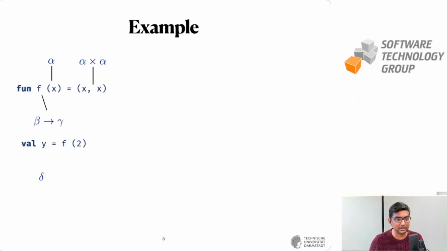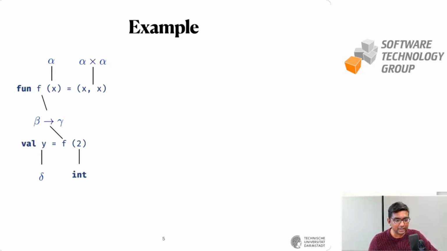So we'll assign the type delta to y, or sigma to y, and then the type of f we know is beta arrow gamma, so we just leave it as it is. We just assign it to the same type, but we know that the type of 2 is integer, so this is the first time we'll assign a concrete type to any of the variables here.